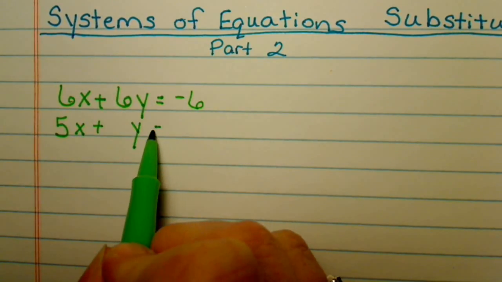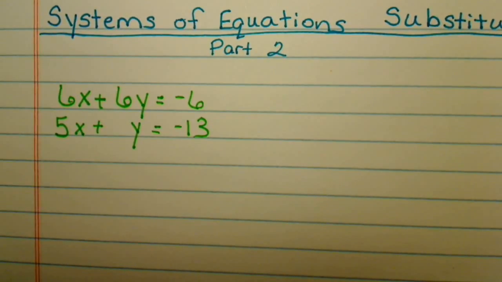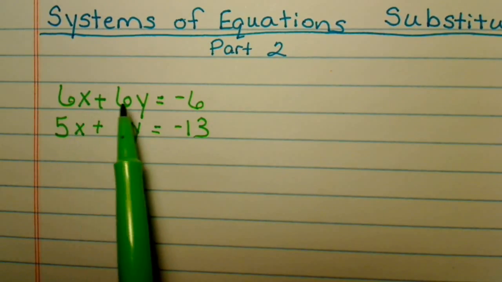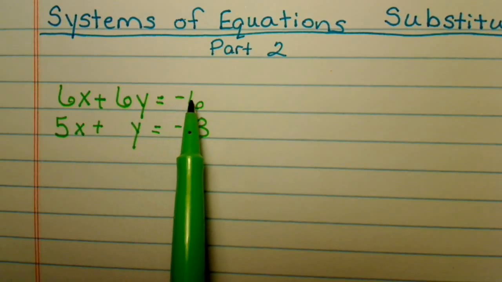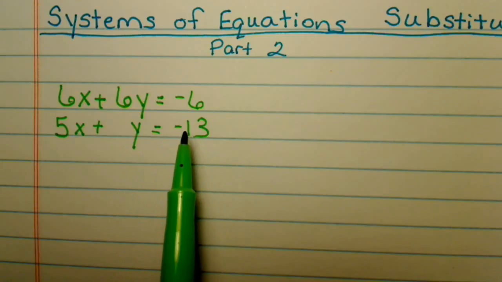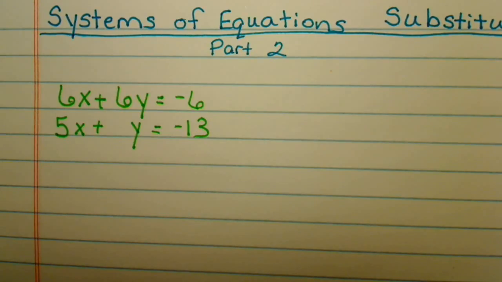So here's an example of two equations. And we want to find what point these two equations meet. What's an x and a y I can plug into this equation and get -6 and plug into this equation and get -13? Okay, so let's go through the steps and solve this problem.